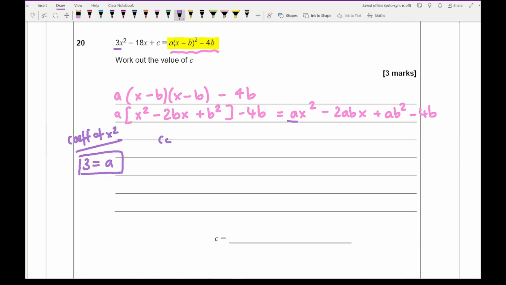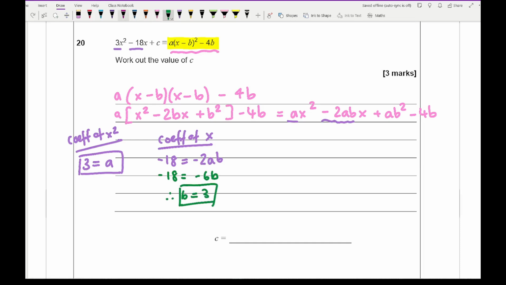Then if we compare the coefficients of x, on the left hand side we've got minus 18, and on the right hand side we're going to end up with minus 2ab. Now from this we know that a equals 3, so I've got minus 18 equals minus 2 times 3, which is minus 6, so it's minus 6b, so therefore b is going to equal 3.